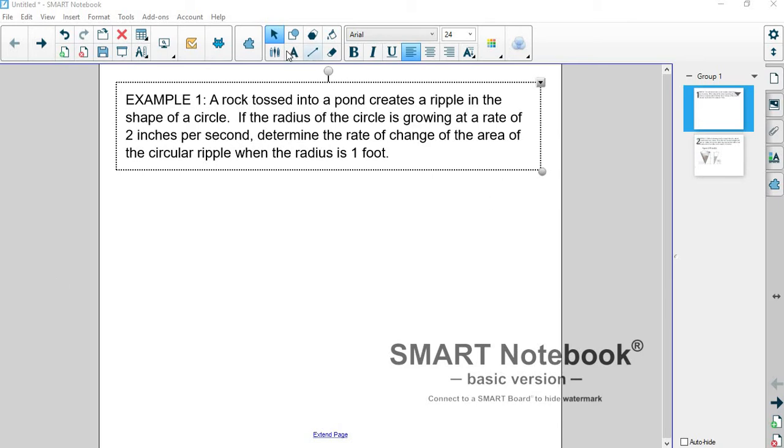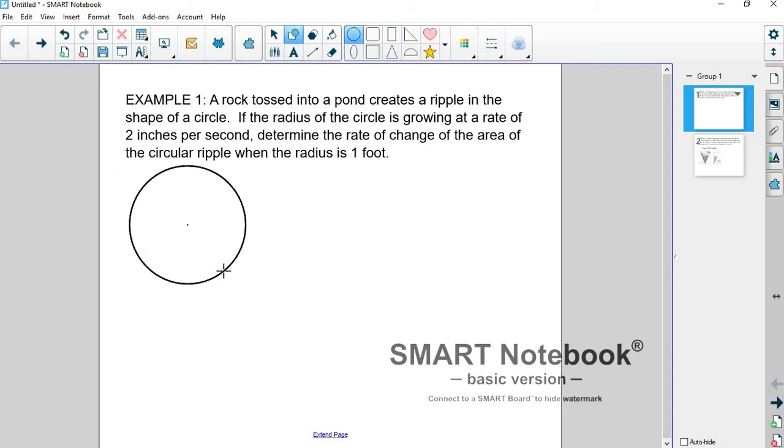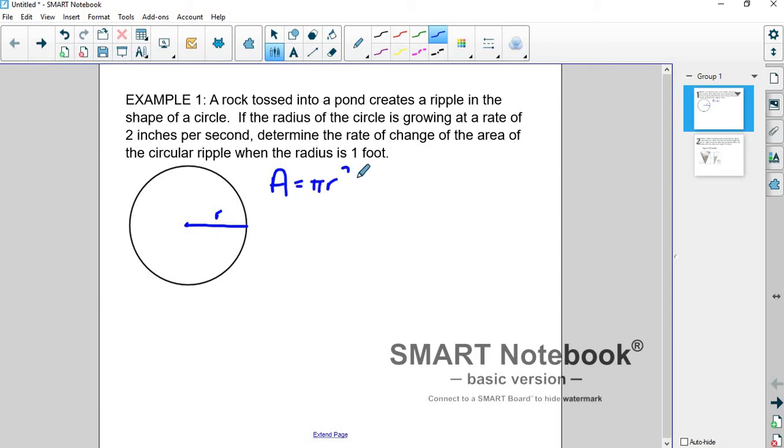So we have a circle. Let me draw a little picture to get an idea of what's going on. I'll cheat and create a real circle. The radius of the circle is given by r. The area, of course, of a circle is pi r squared.